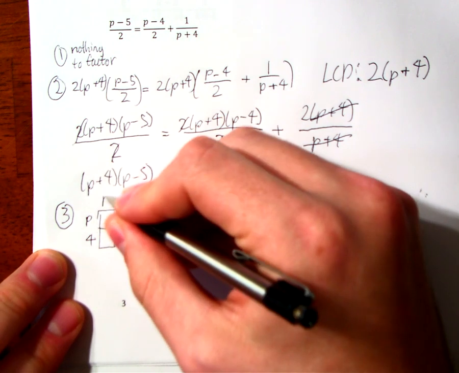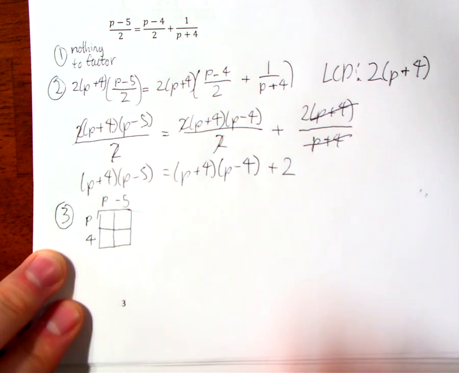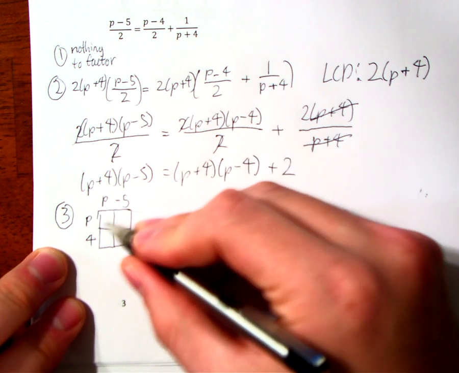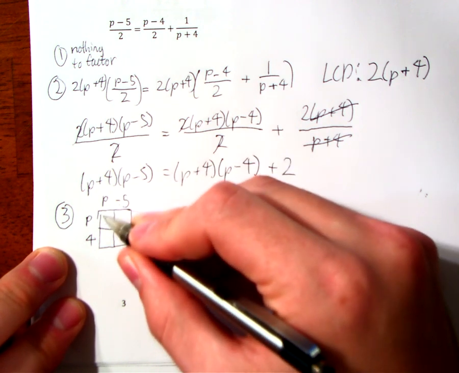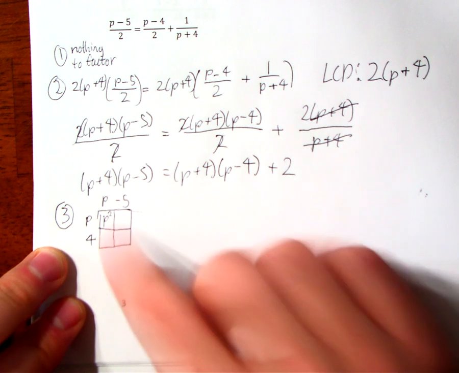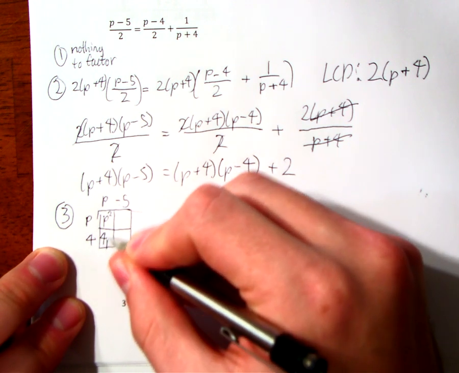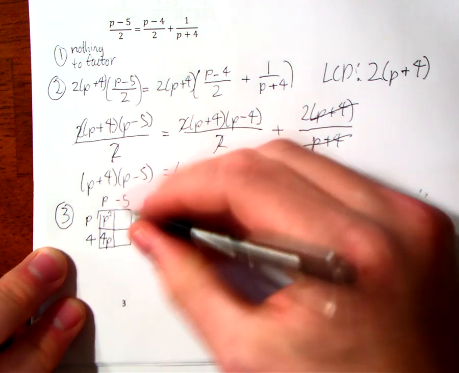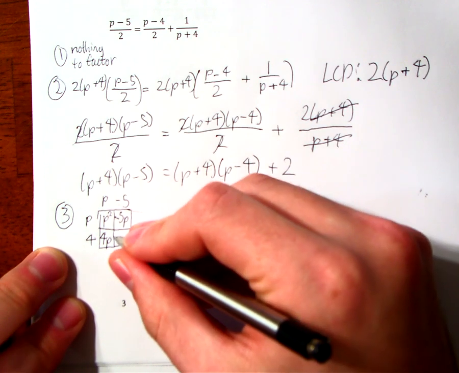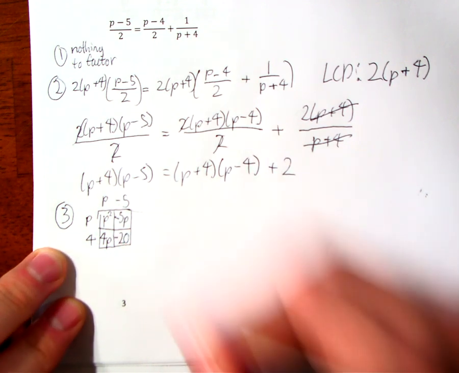And I'm going to put a p and a minus 5 on the other side, representing p minus 5. So in this box is p times p, that's p squared. In this box is 4 times p, which is 4p. In this box is negative 5 times p, that's negative 5p. In this box is negative 5 times 4, that's negative 20.